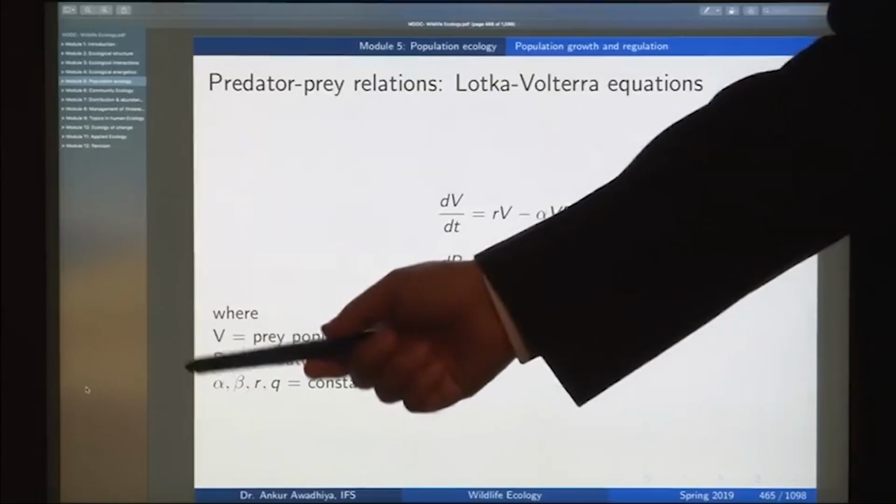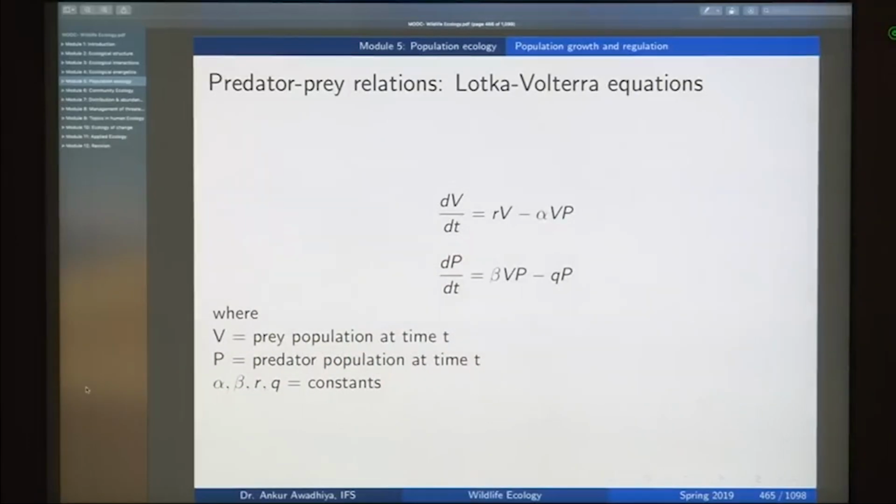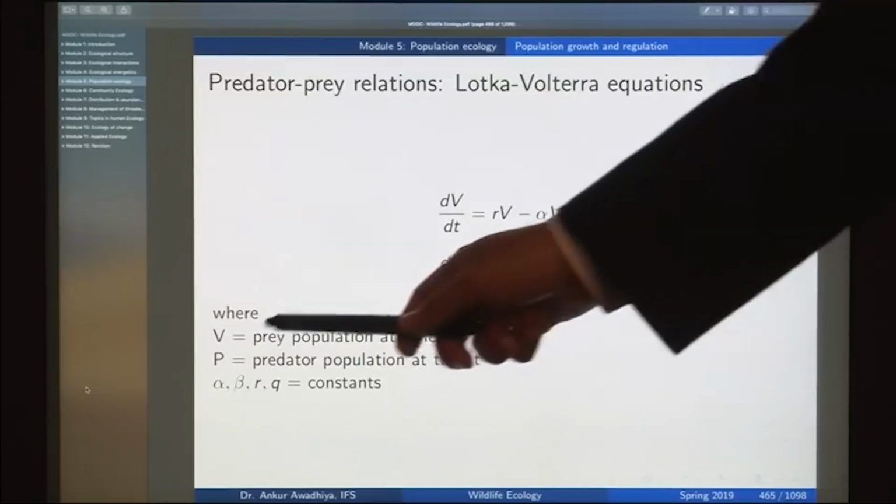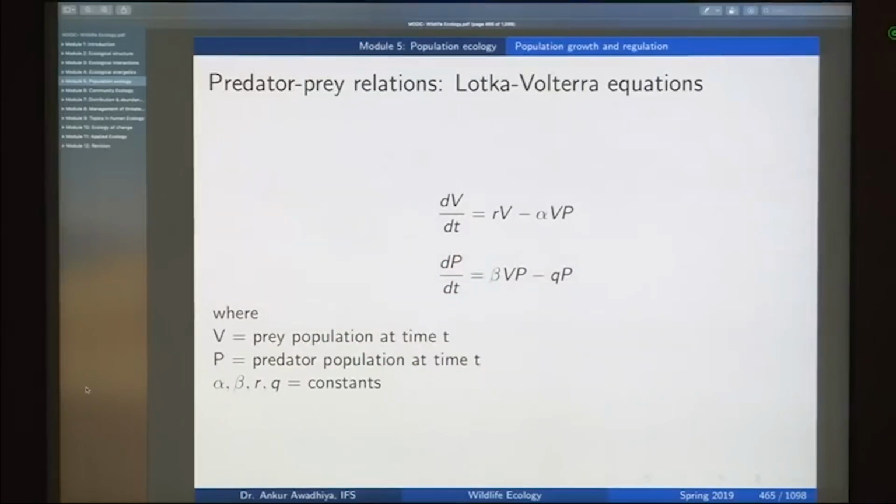Similarly, the size of the predator population will increase based on the size of its own population, which will tell you the number of breeding females, plus it will also depend on the size of the prey population, which will tell you the amount of food that is available, or it will be an indication of the carrying capacity of the environment.